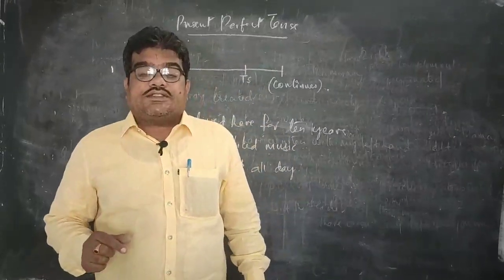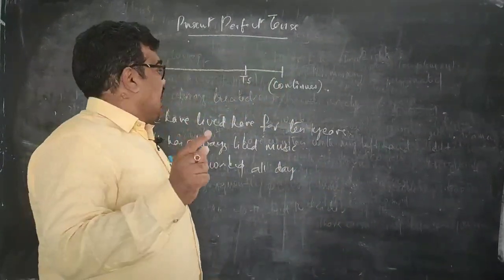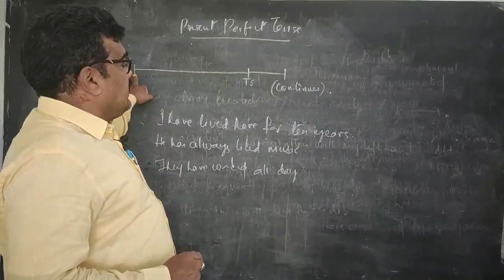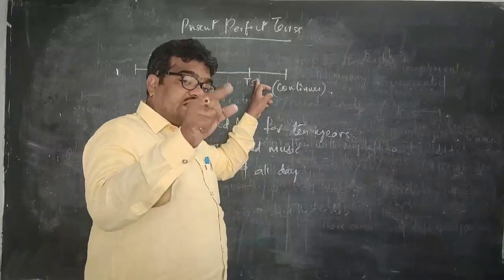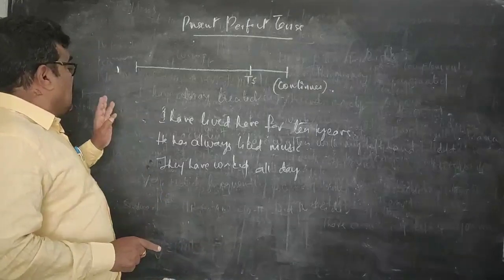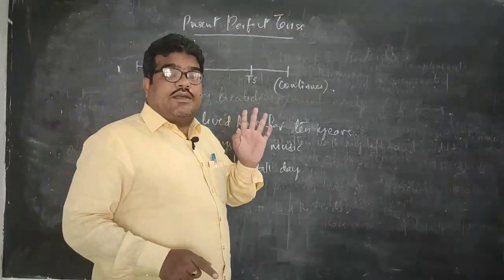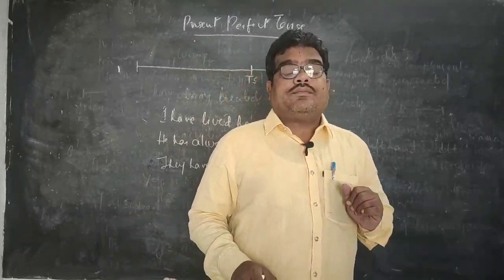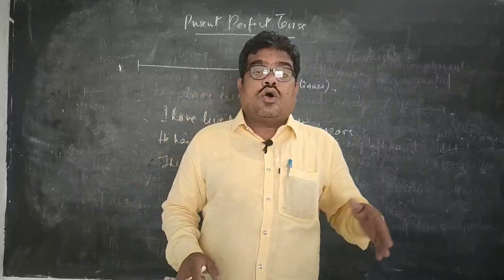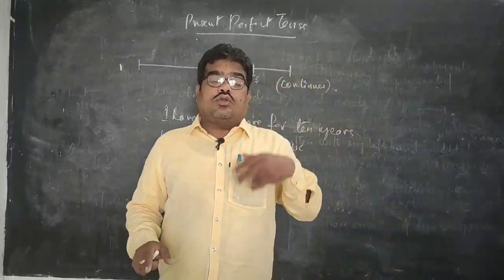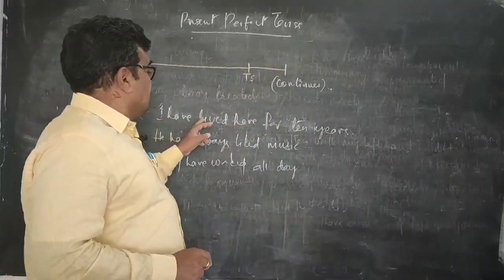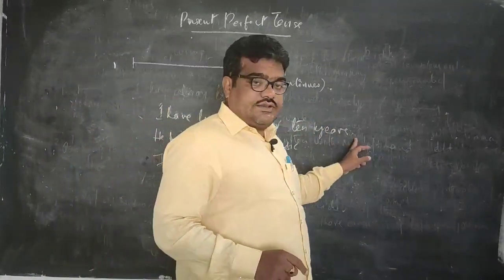The present perfect tense is also used for the action which began in the past and, past the time of speaking, will continue. It is used with time expressions like all day, all night, all week, all my life, all the time and always, etc. Example, I have lived here for 10 years.